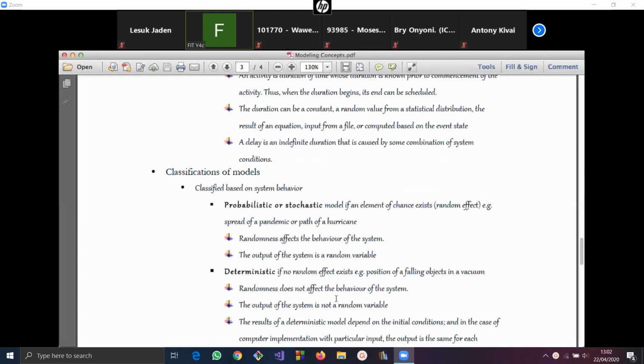Or if you have an object falling, and you know the law of gravity, which is also a formula, you would be able to know, given the weight of this object, that at a particular time, this object will have fallen up to here. So that one, we call it deterministic. We can determine it using a given formula. We call it deterministic, and they are not random in nature.